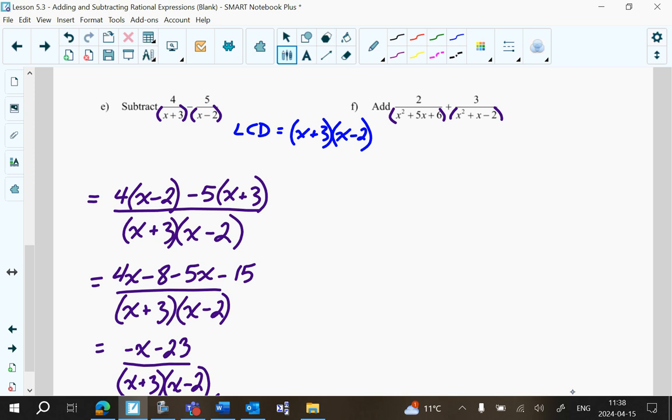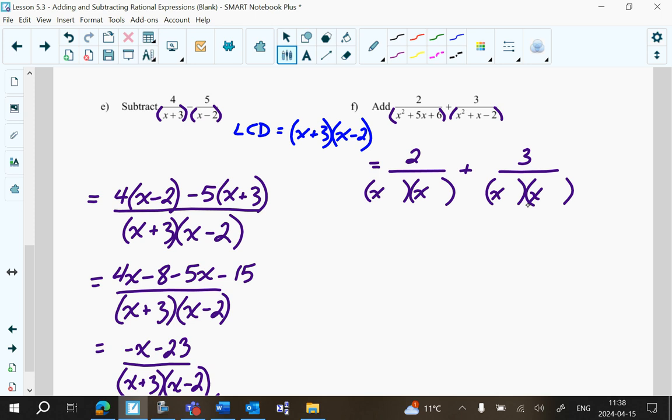So before we even start, both of these are trinomials. x, x, x, x.